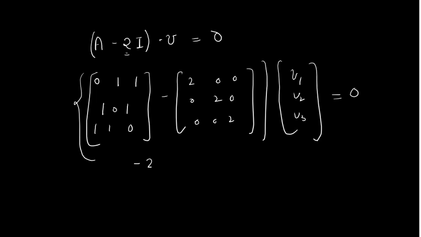So we can choose 1 1 1, and we'll just normalize it. So this is the eigenvector corresponding to 2, and this is the eigenvector corresponding to -1. Since we have -1, -1, 2, this is one eigenvector and this is another.